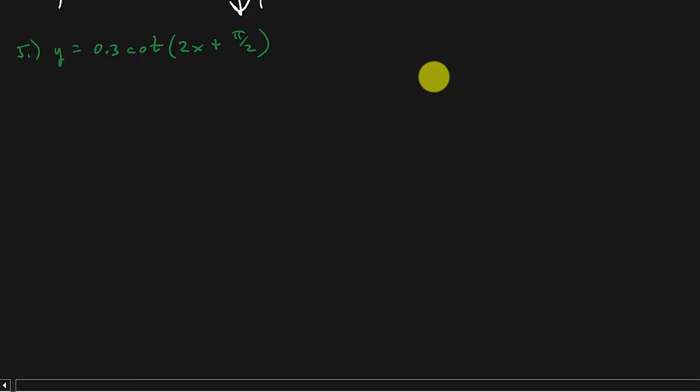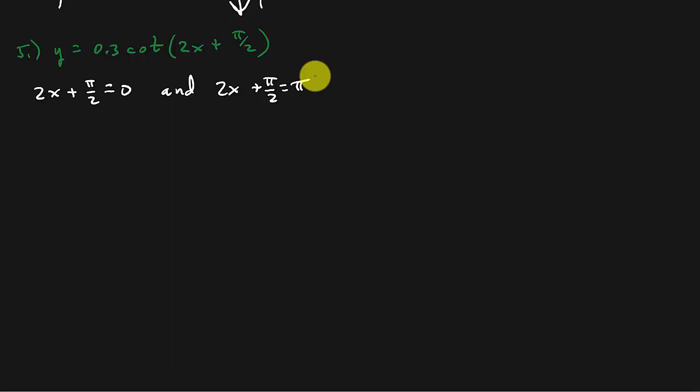Cotangent is going to be the same way, except whatever you're taking the cotangent of, you set it equal to 0, and you set it equal to pi. That's the difference, and the way you plot the points.